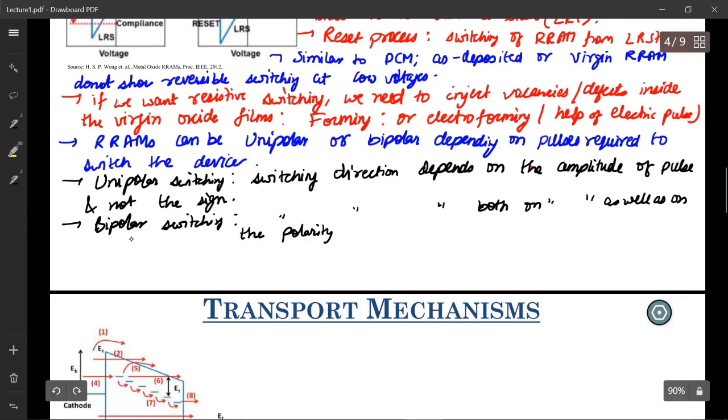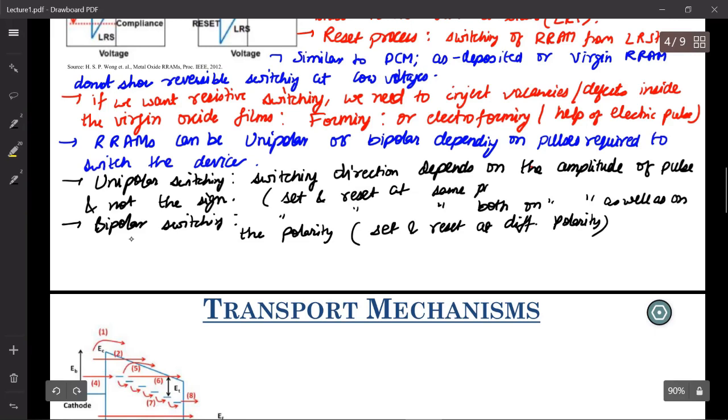So in this case, we have set and reset at different polarities, whereas in the case of unipolar, we have set and reset at the same polarity. There's another class which is called non-polar switching.